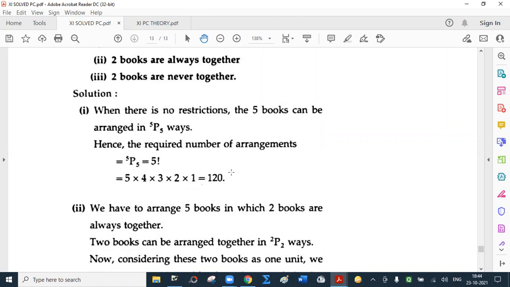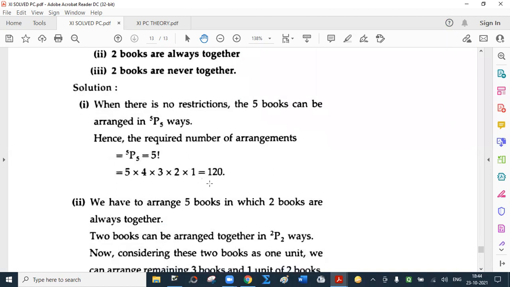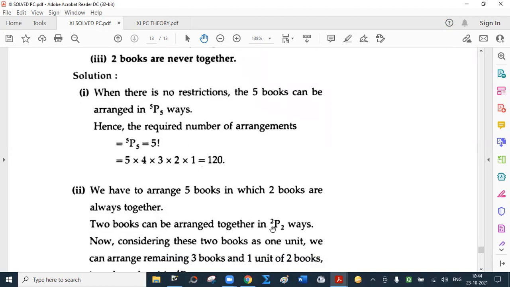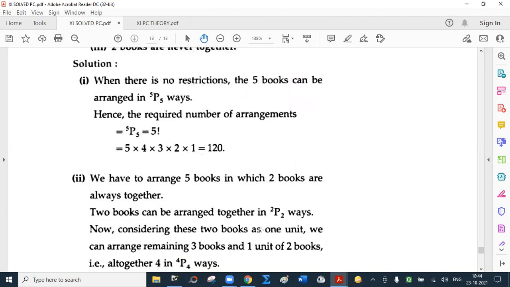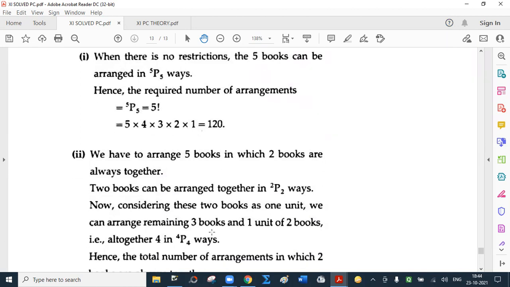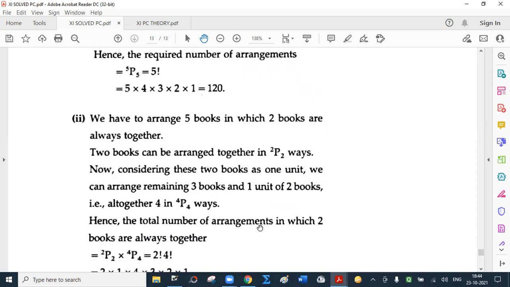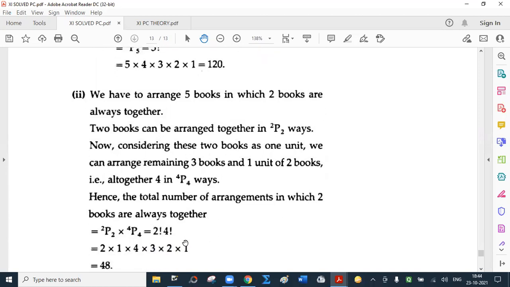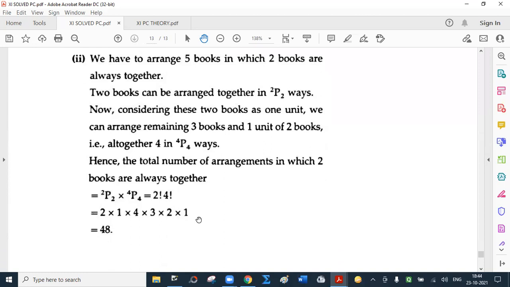Now we have to arrange 5 books in which 2 books are always together. These 2 books can be arranged among themselves in 2p2, that is 2 ways, considering these 2 books as a single unit. That and the remaining 3, that is 4, can be arranged in 4p4 ways. So the total number of arrangements in which 2 particular books are always together, 2p2 into 4p4, comes out to be 48.